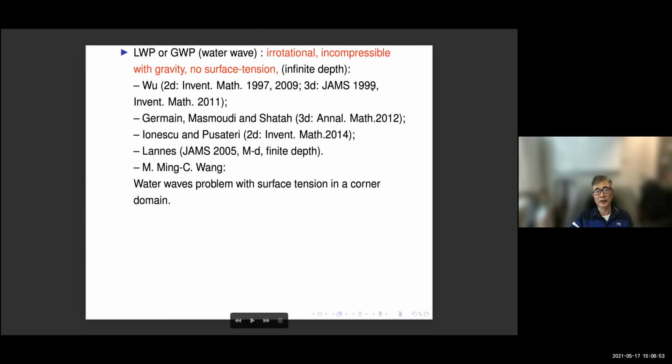Later on, she did the global well-posedness too, in 2009 and 2011.